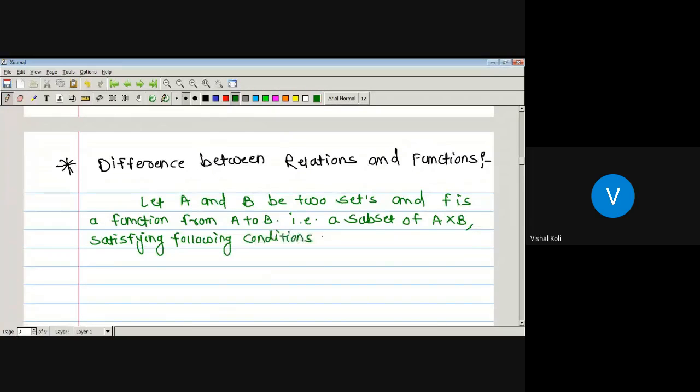So here we have taken two sets A and B, and F is a function from A to B. That is, it is a subset of A cross B which holds the following conditions.